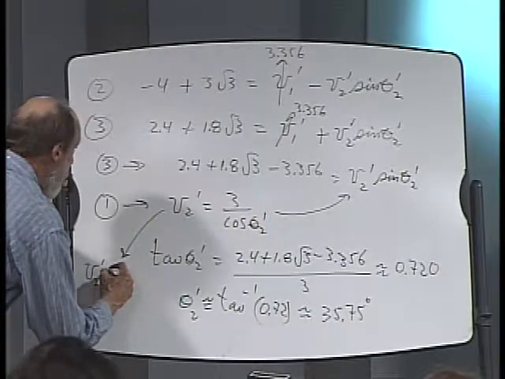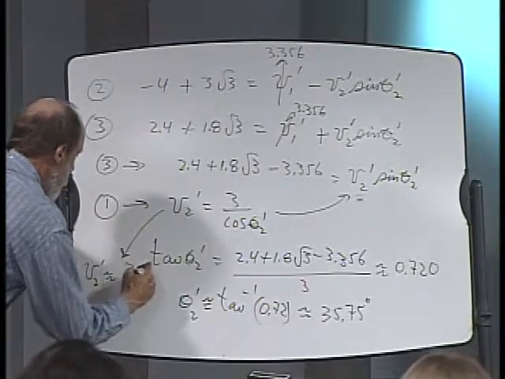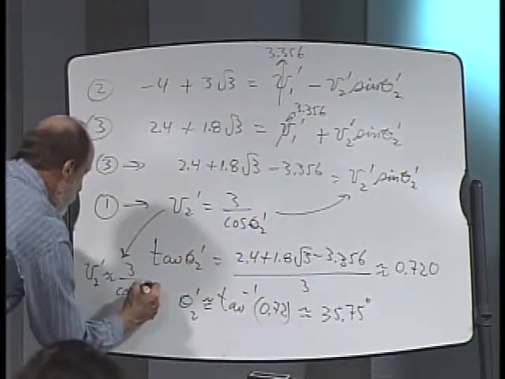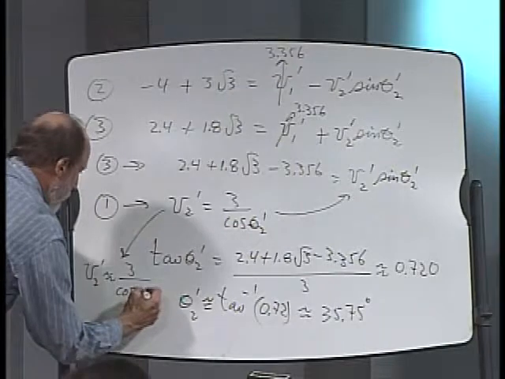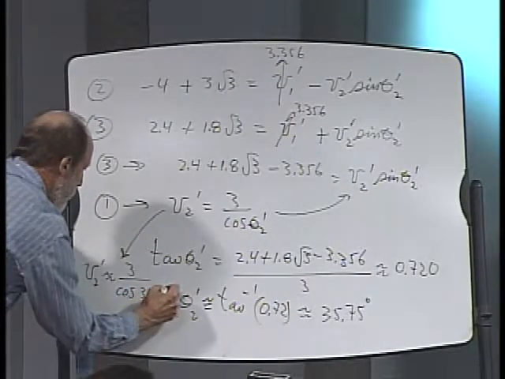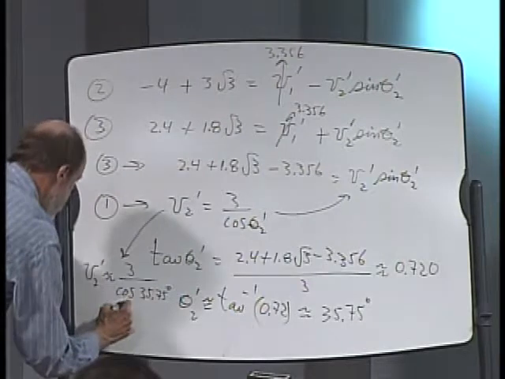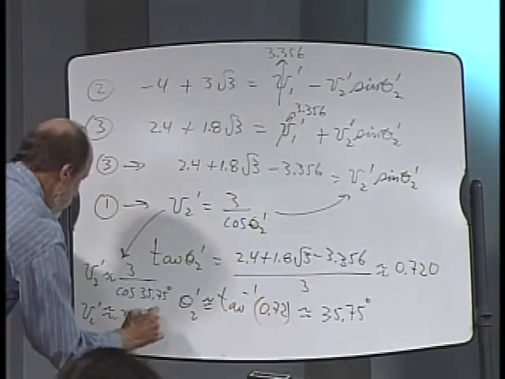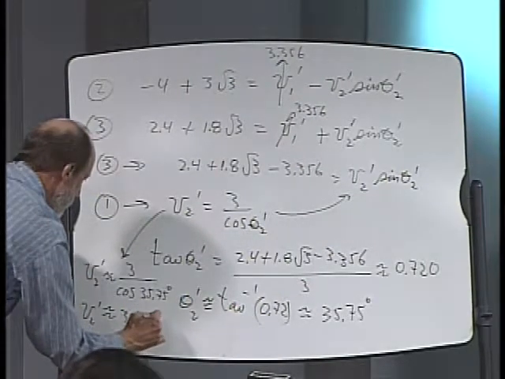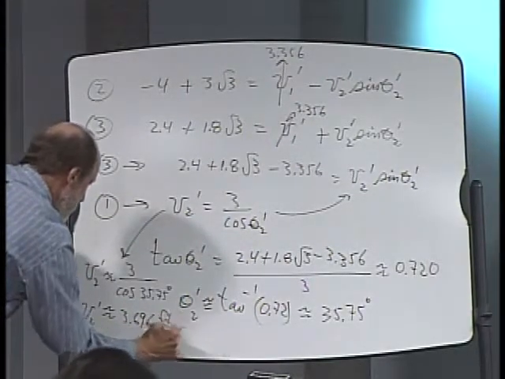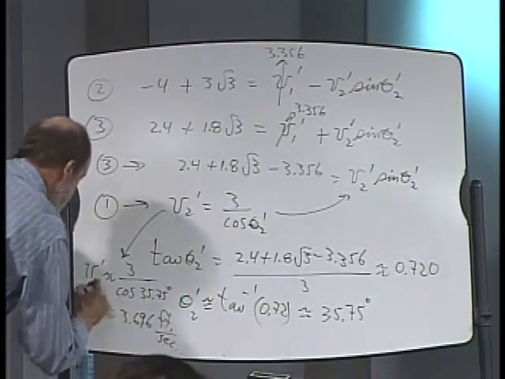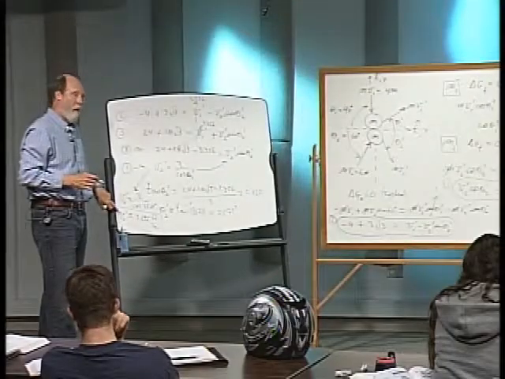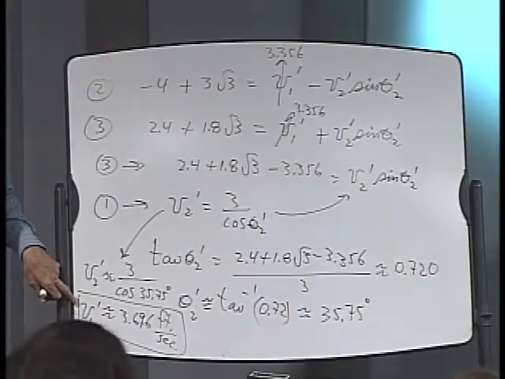And this is going to be equal to approximately 3 divided by the cosine then of that 35.75 degrees, which is 3.696. 3.696. Thank you. Okay, so there's the final result for that outgoing velocity reading.